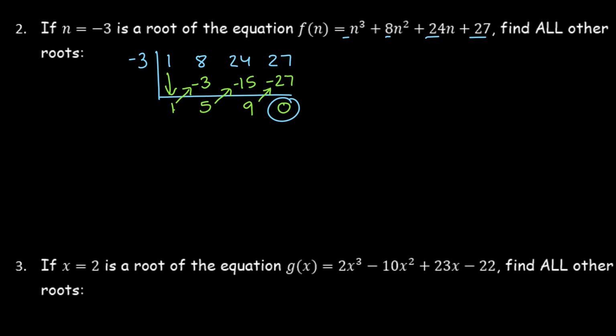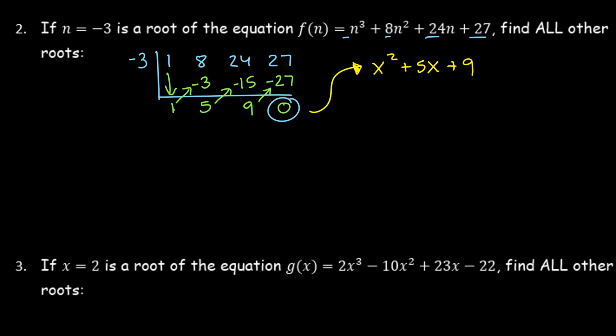So after dividing the root of negative 3 out, what do I end up with? X squared. So now, how is this my root? What I just wrote down? What is that?